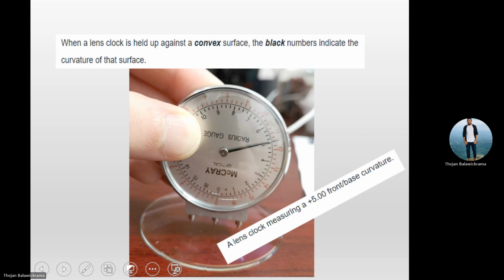A lens clock measures plus on the black scale, minus on the red scale. So for a convex surface you have a plus, and minus for concave, according to the surface, and you should be able to tell the radius. Power is in diameters, not in meters. Diameters.